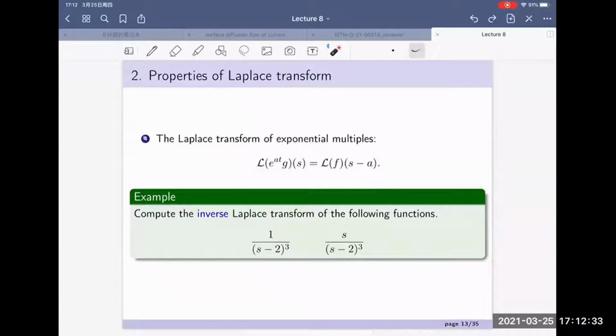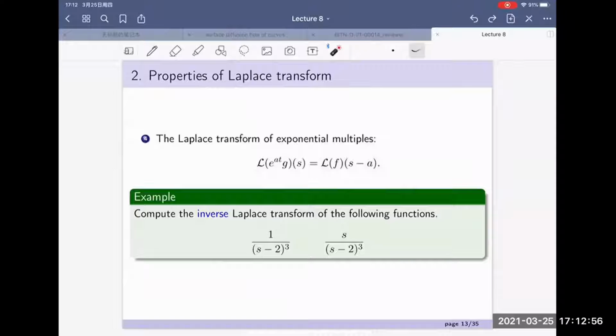There are other properties. If you multiply a function by an exponential function and then apply the Laplace transform, you simply get the original Laplace transform shifted by a number. You replace s by s minus a. This is a shift in s.